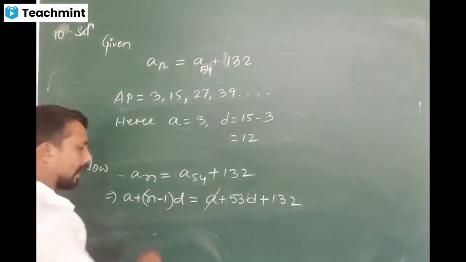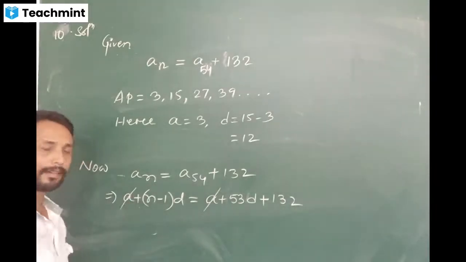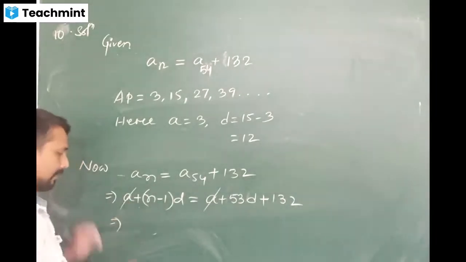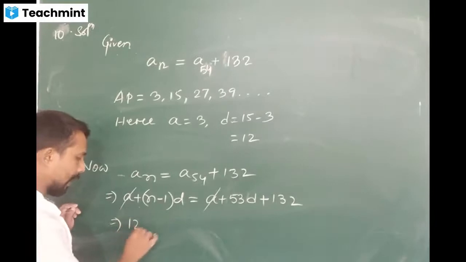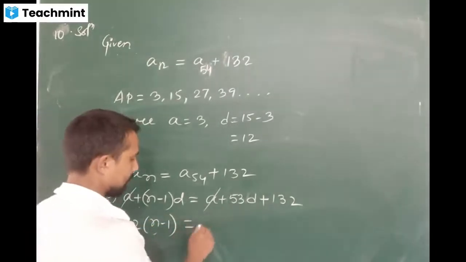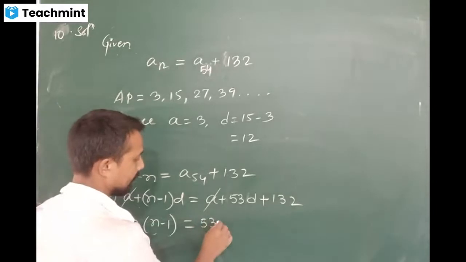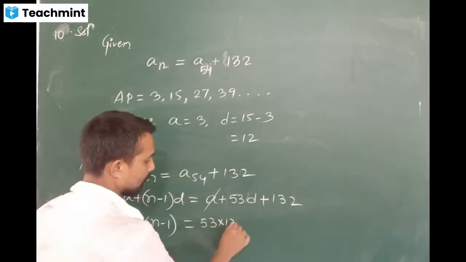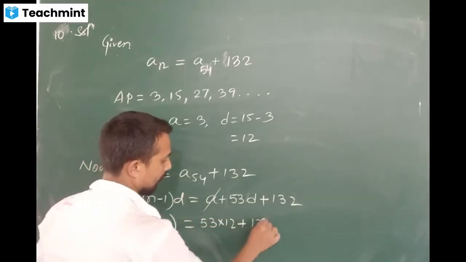Then on both sides we can cancel A. Here the D value is 12, n minus 1 on this side, and 53 into 12 plus 132 on the other.